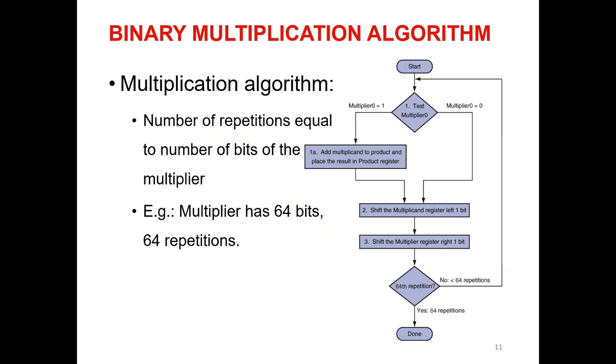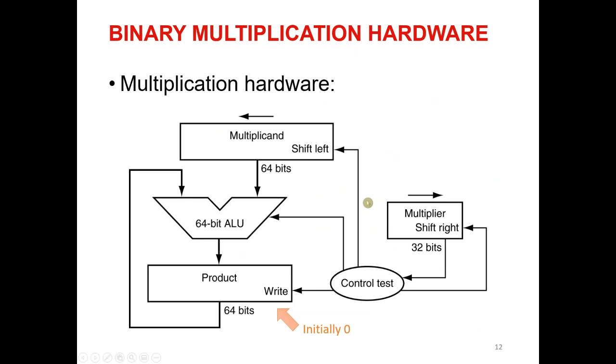When we want to translate this to real hardware, we have this circuit. First of all, we have here the multiplicand, 64 bits. This is the first operand for a 64-bit arithmetic logic unit.